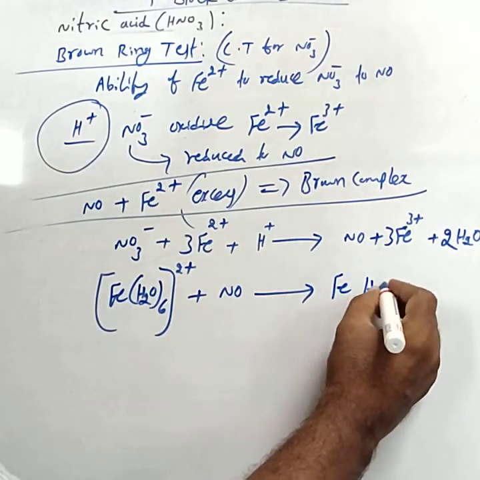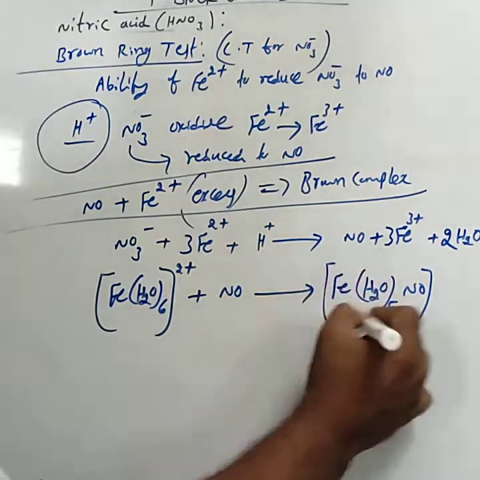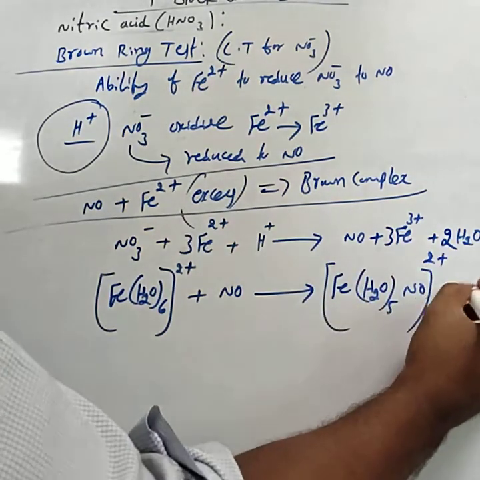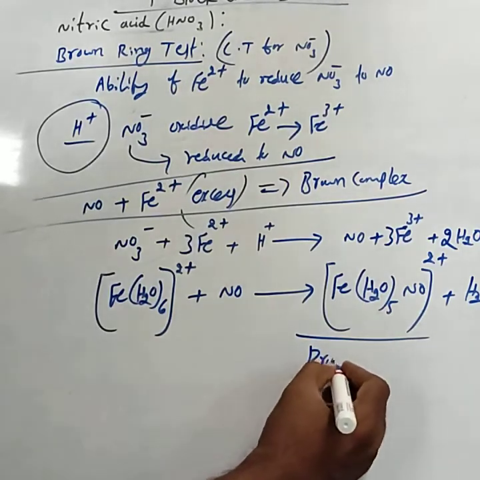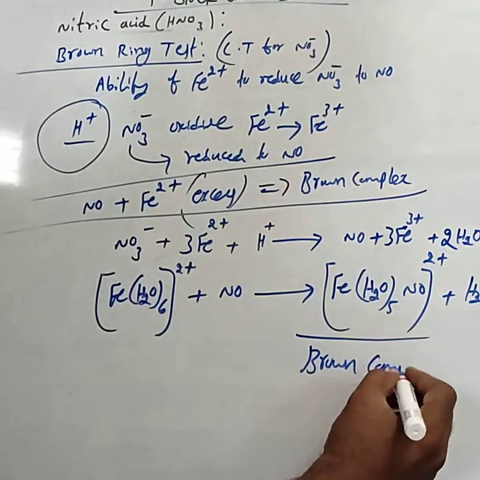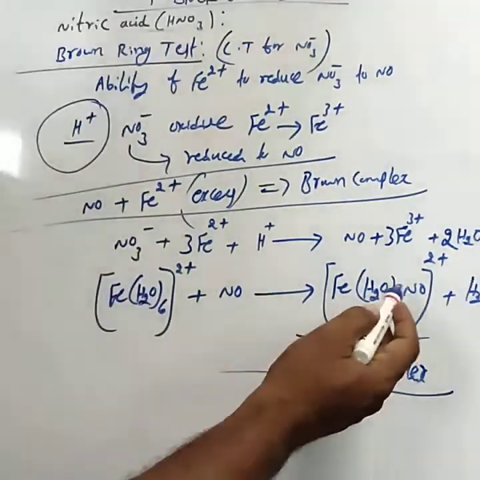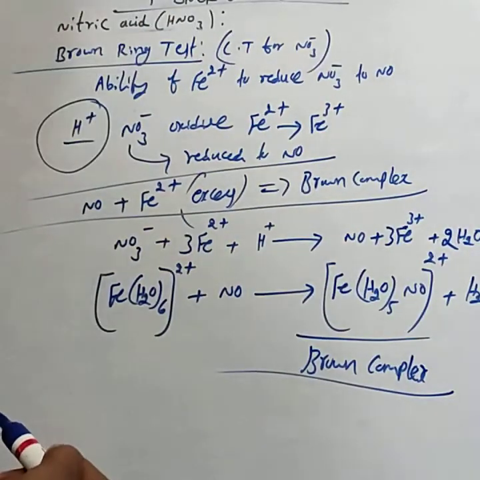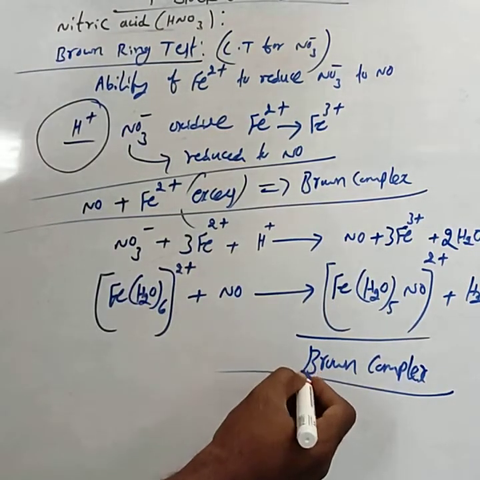The formula is [Fe(H2O)5NO]2+. This is the brown complex, or brown ring. The brown complex is formed.